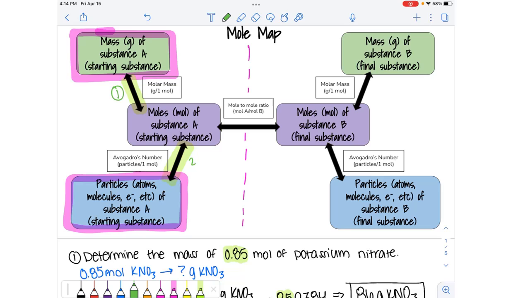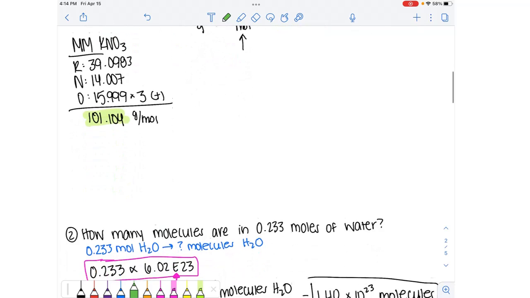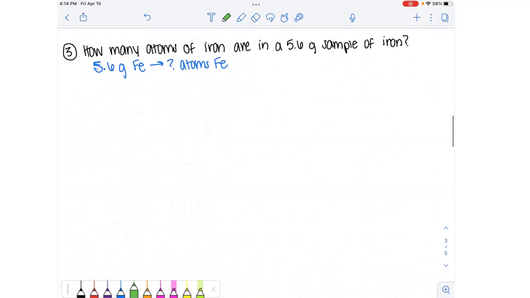My second arrow I went through is Avogadro's number, so my second conversion factor is Avogadro's number. If I go back down here to set this thing up, I start out with my known. I'm going to multiply it by the molar mass conversion factor, and then I'm going to do another conversion factor that's going to be Avogadro's number.